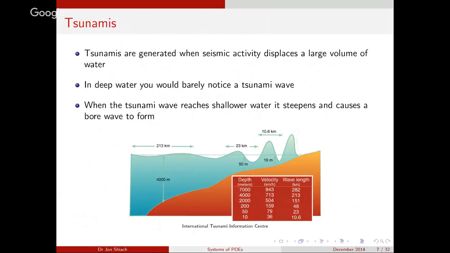You will barely notice it. If you're out at sea in a boat and seismic activity happens, you may feel a very gentle, meter wave. You barely notice it. What happens is, as all that water is moving along the sea, as it gets into the shallower regions, it starts to steepen because of the effect of gravity. This has a positive derivative or positive gradient.